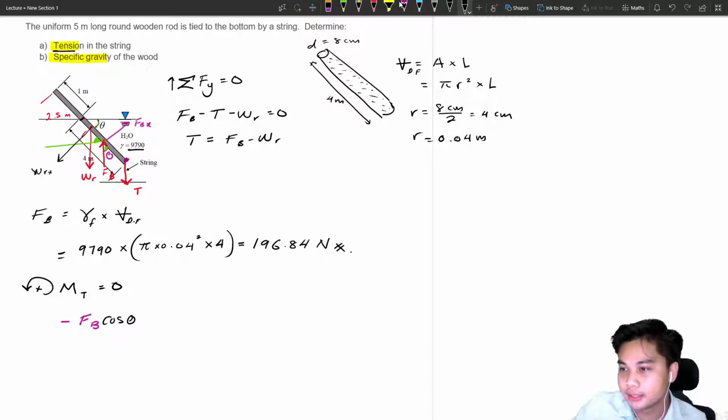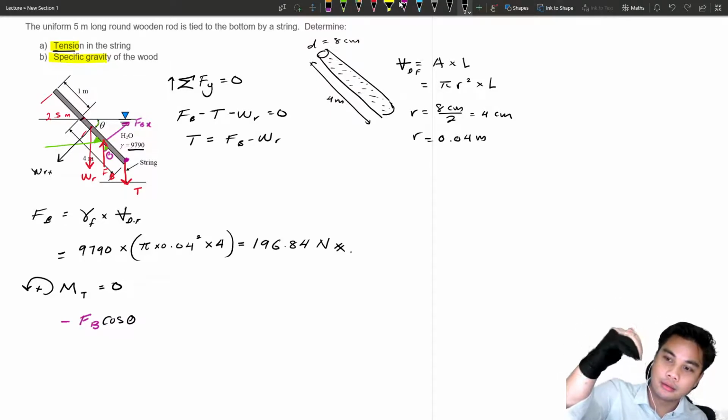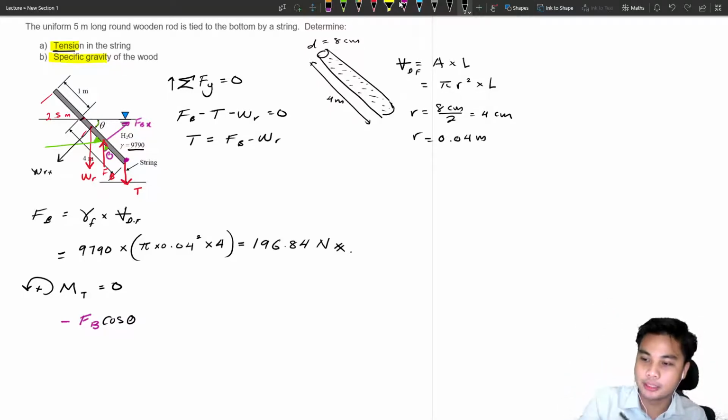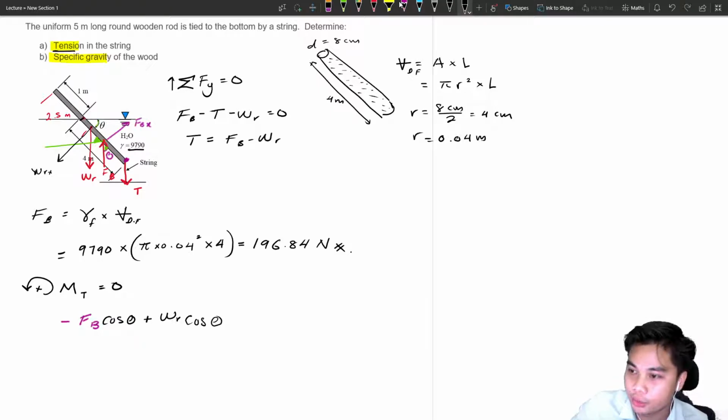So for this case, WRX. Follow your right hand rule and curl following the WRX, you will get positive because your thumb is facing upward. Positive WR. It is cos theta as well in order to get this.